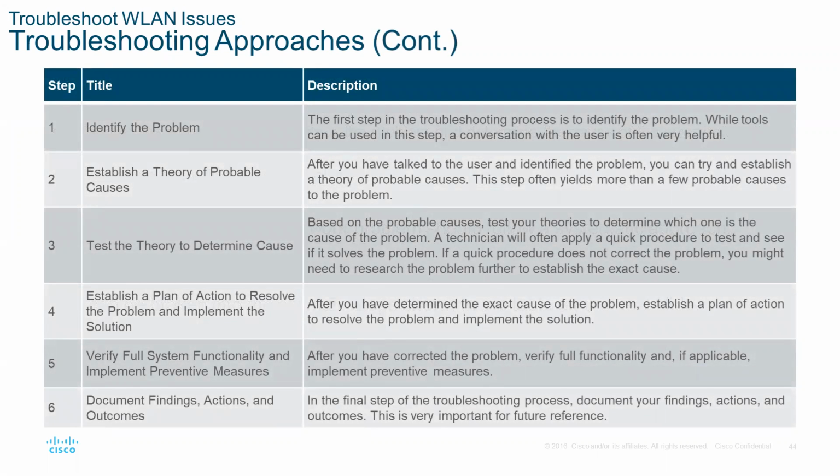Identify the problem, establish a theory of probable causes, test the theory to determine the cause, then come up with a plan of action to resolve the problem and put it in place. Verify that it resolves the problem and full functionality has returned. If that has occurred, document your findings, actions and outcomes.